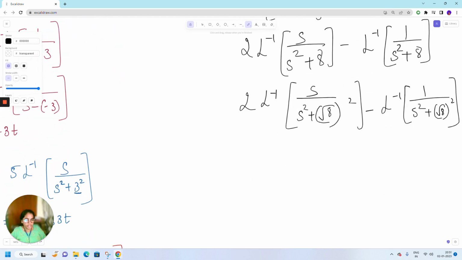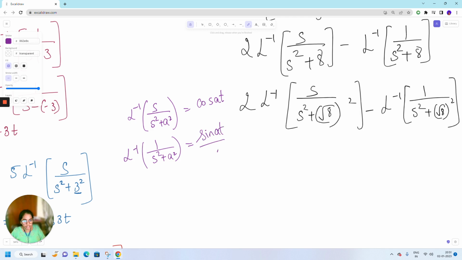Now what is Laplace inverse of s divided by s square plus a square? It is cos at. What is Laplace inverse of 1 divided by s square plus a square? It is sin at divided by a. So now what should I write over here?